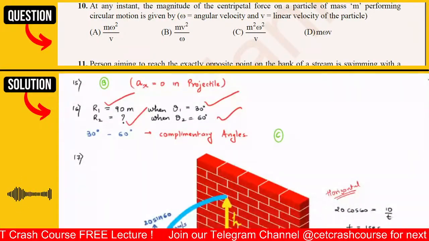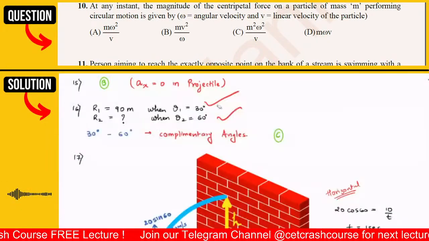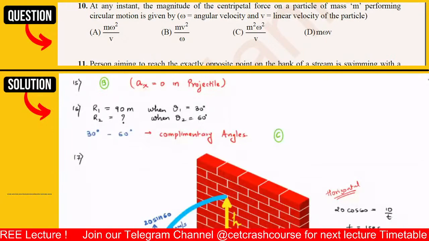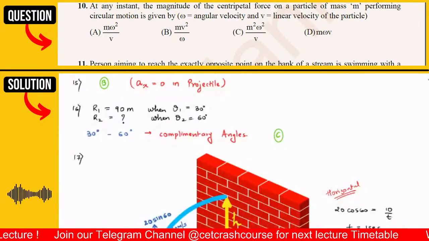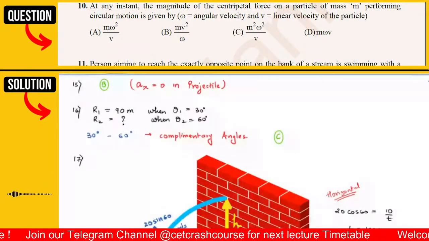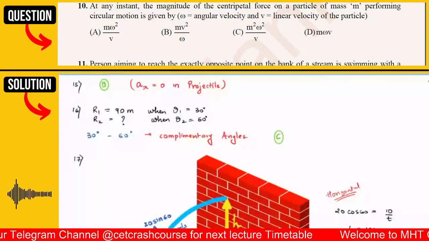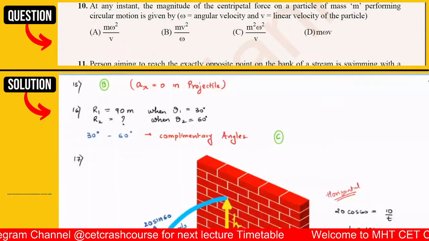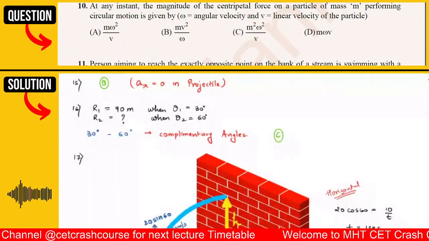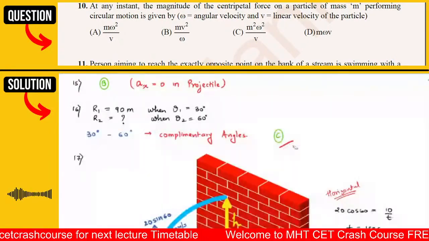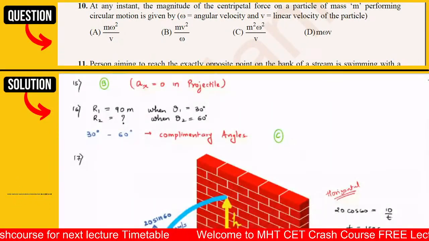Do you remember that 30 and 60 are complementary angles? And for complementary angles, the range is going to remain the same. That is the property. So directly you can write the answer as option C.